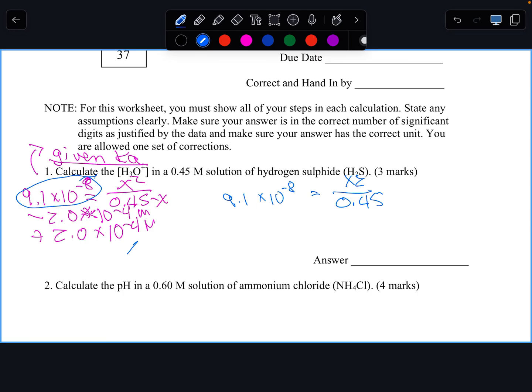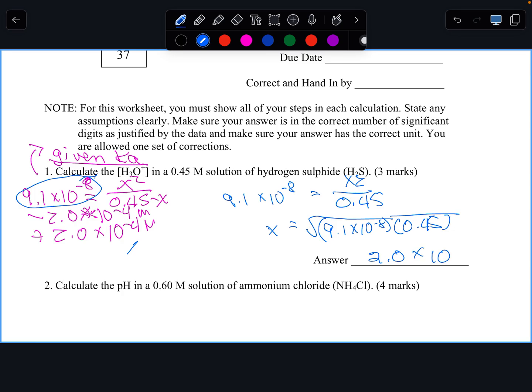Would you solve this by doing the following? Do you agree that solving for x, we will get the square root of 9.1 times 10 to the minus 8 times 0.45? Go, solve that for me and tell me what you get.